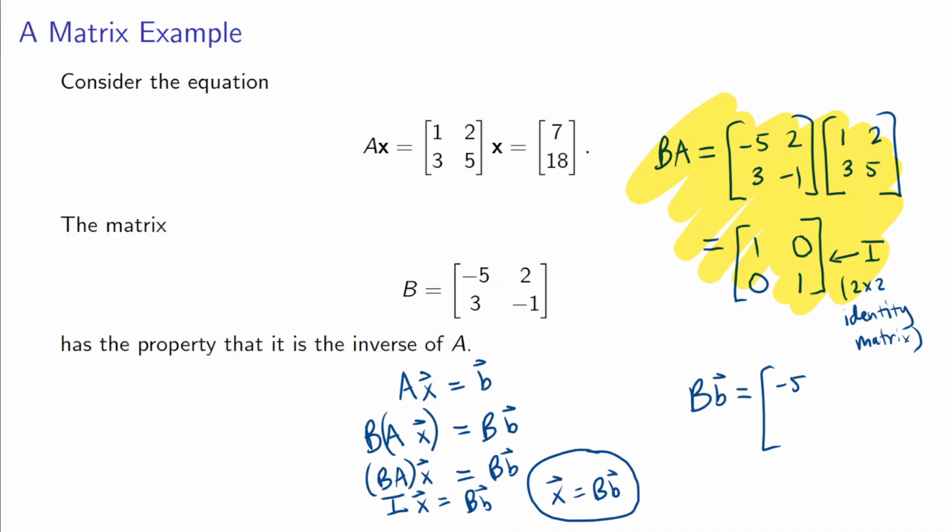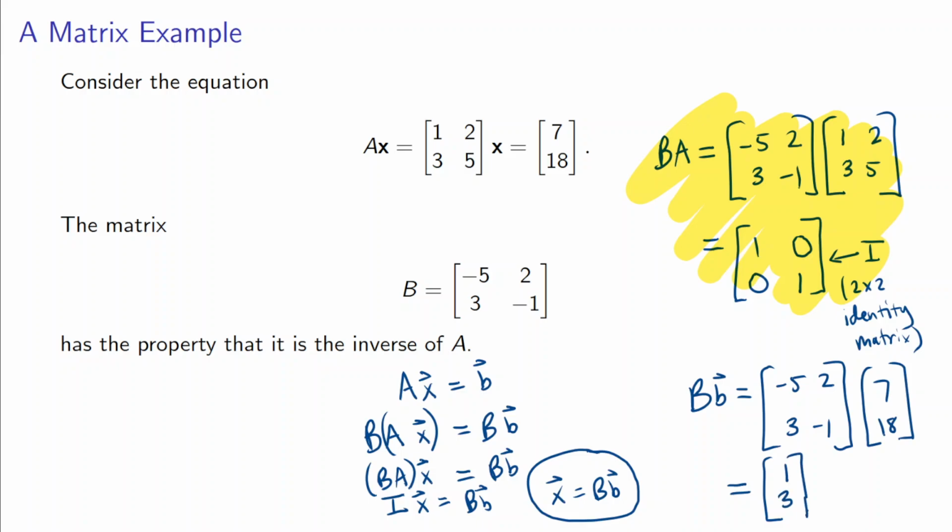Okay, so big B times little b is x. So that's [-5, 2; 3, -1] times 7, 18. Okay, and so what do we end up getting? -5 times 7, I guess that's -35, plus 2 times 18 is 36. So -35 plus 36 is 1. And then 3 times 7 is 21, minus 18, I guess that is 3.